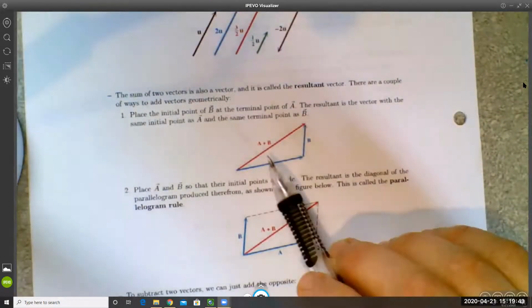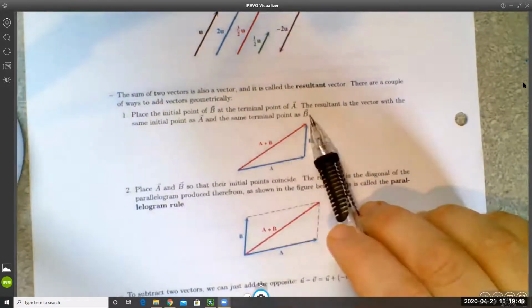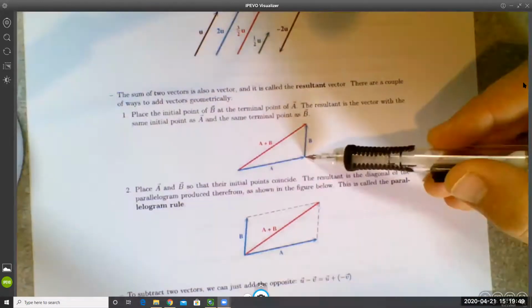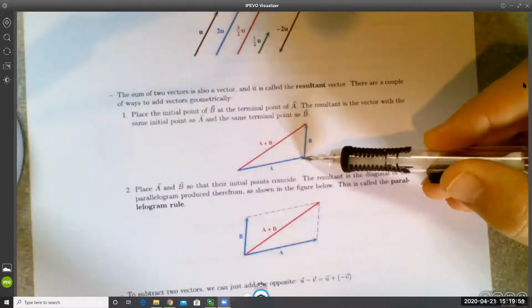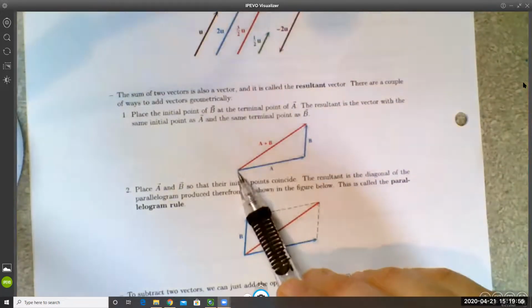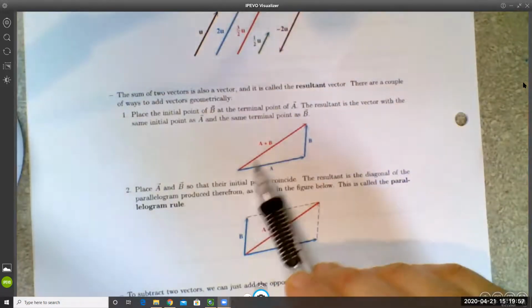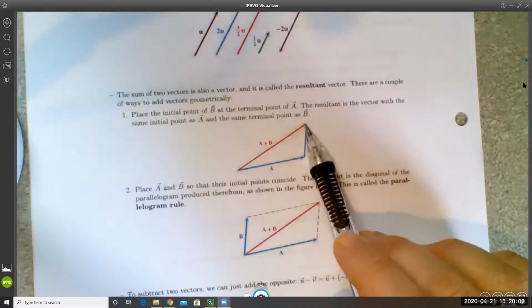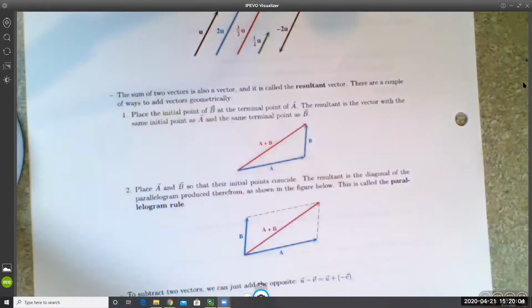So if you're trying to add vector A plus vector B, then you would place vector A on the page, and then place the initial point of vector B on the terminal point of vector A. A plus B is this new vector that's formed by the initial point of A and the terminal point of B, right? So that would be vector A plus B.